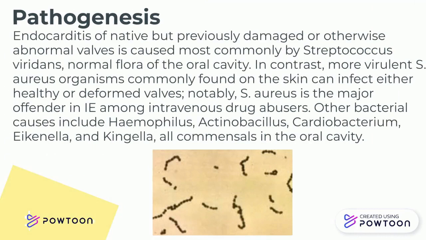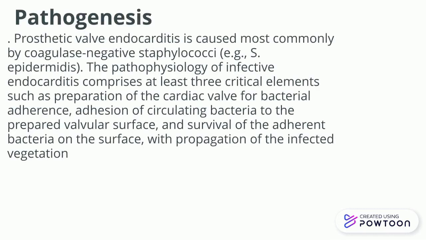Endocarditis of native but previously damaged or otherwise abnormal valves is caused most commonly by Streptococcus viridans, normal flora of the oral cavity. In contrast, the more virulent Staphylococcus aureus, an organism commonly found on the skin, can infect either healthy or deformed valves. Prosthetic valve endocarditis is caused most commonly by coagulase-negative staphylococci.